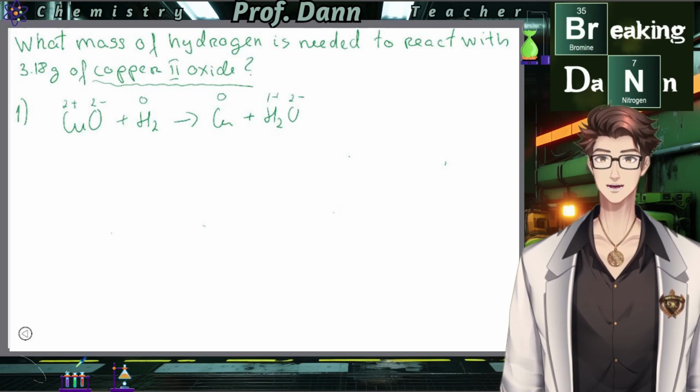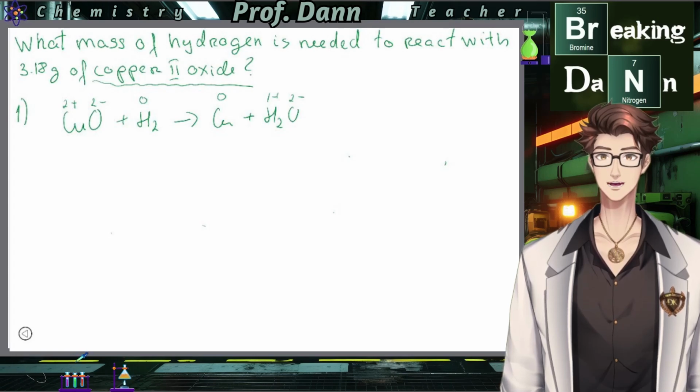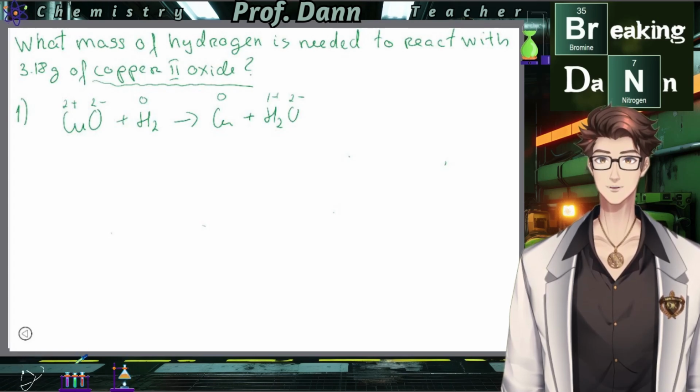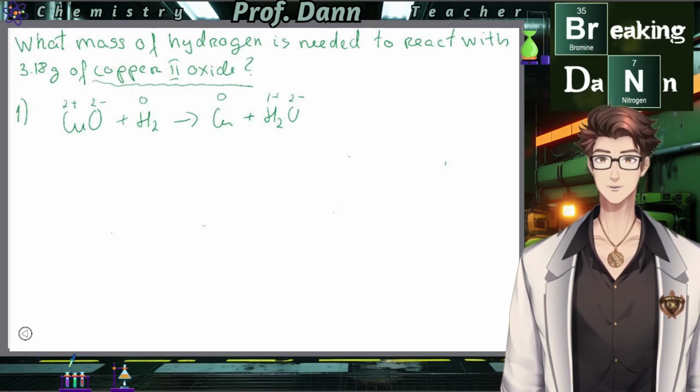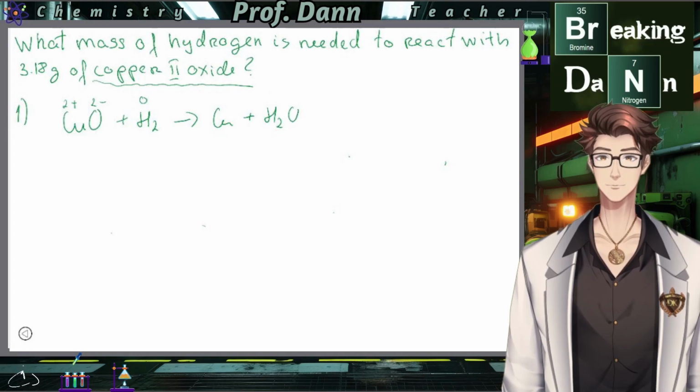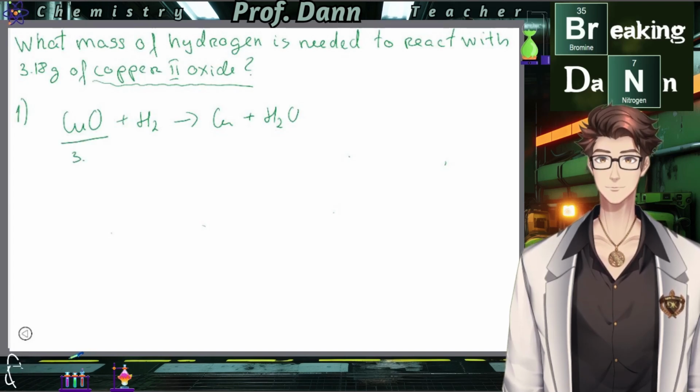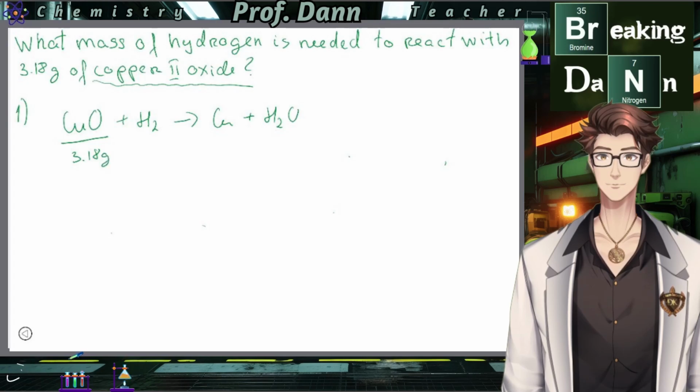Before we go to step number 2, we are going to write information inside the chemical equation, what is given from our task and what we can get from the periodic table. Below copper oxide, we are going to write 3.18 grams.